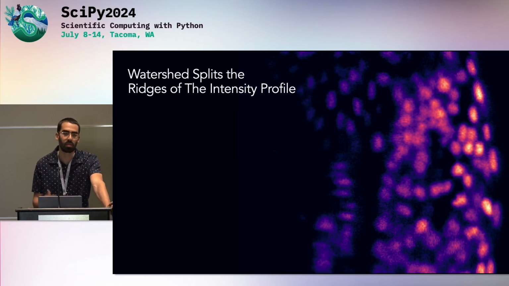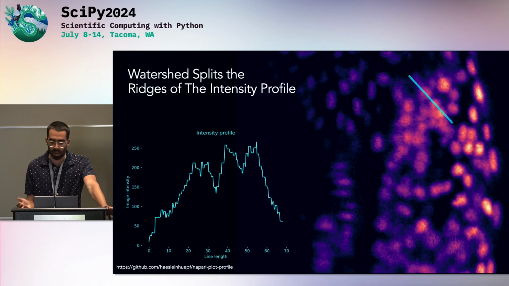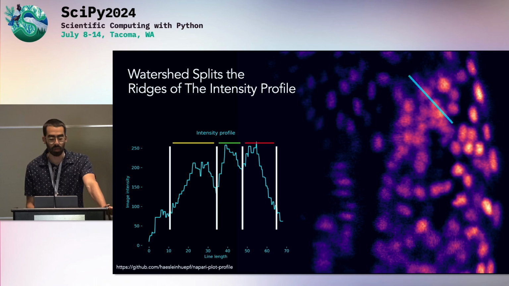Applying this framework to what I think is the most widely used approach in the microscopy domain, the watershed: you have the image with its intensity. We check its profile, so here we have the intensity profile of this line. On the ridges between the maxima of the image intensity, you define the boundary of the segments.